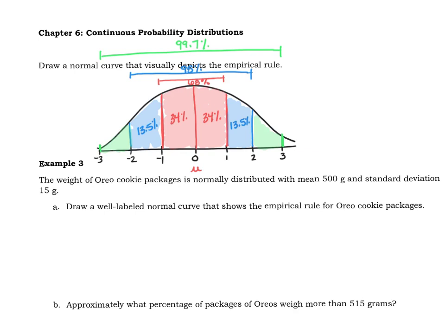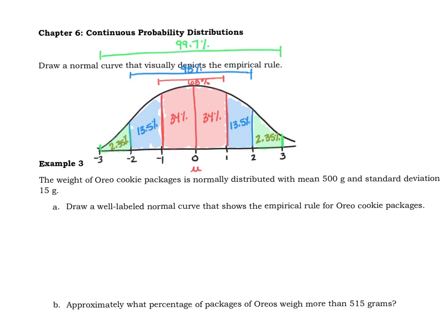That leaves me with 4.7% left in those 2 regions I just drew. Let me make that a little darker if I can. There we go, 2.35% on each end.